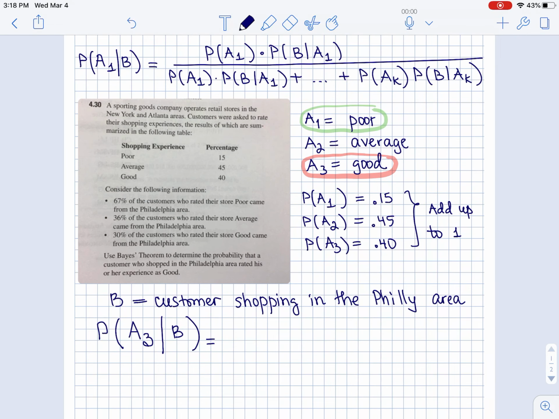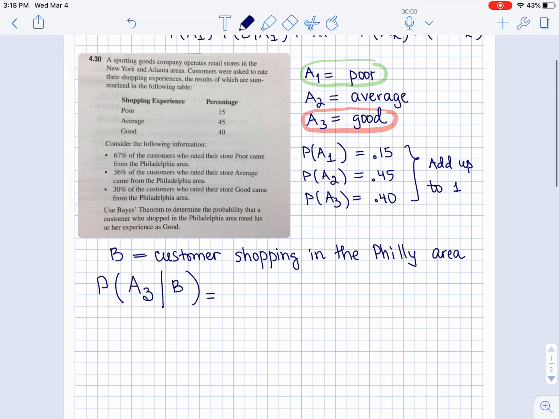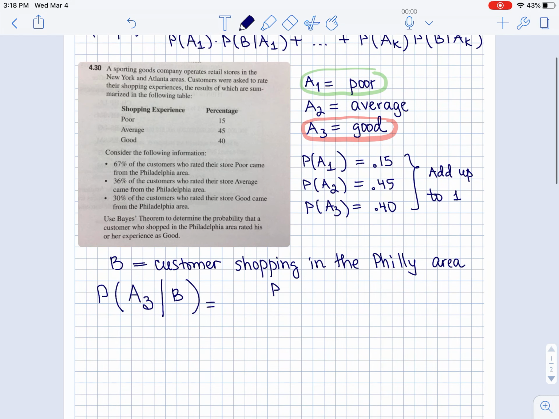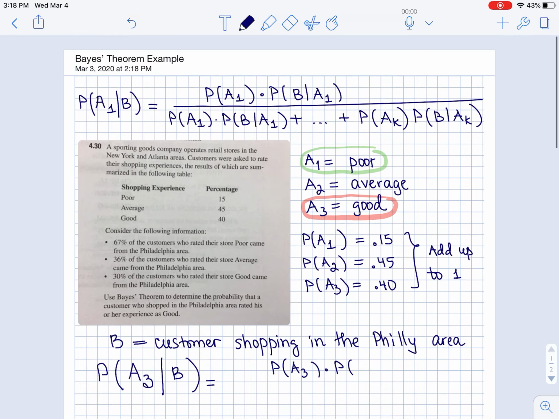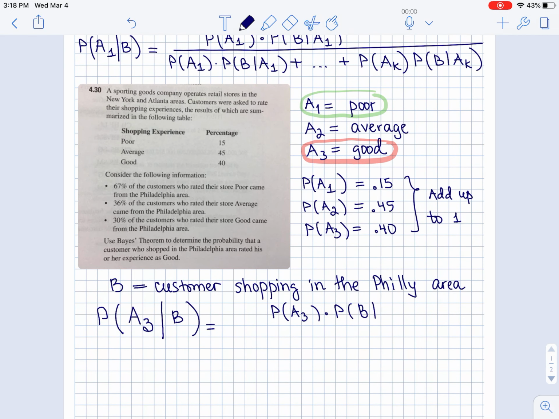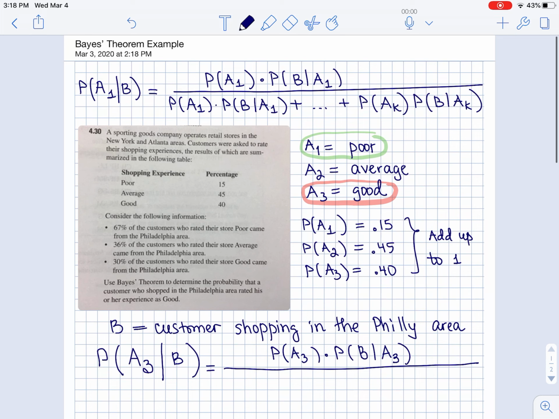Now we're going to apply this formula that I already wrote out for you. This is the general formula for Bayes' theorem. In our case, K is equal to 3: three things that can happen, poor, average, and good. A3 is what we're interested in. So if we apply the formula, it would be the probability of A3 times the probability of B given A3 happened. And I'll talk about what all of these mean. On the bottom, we have to go through all iterations.